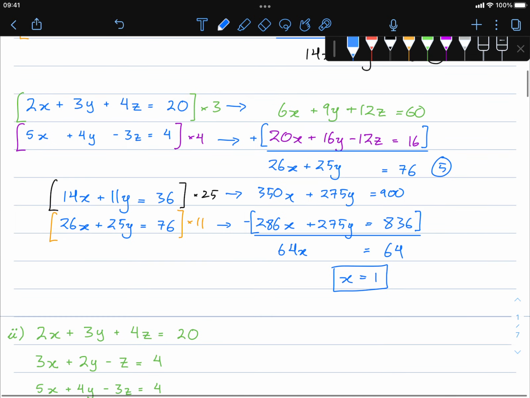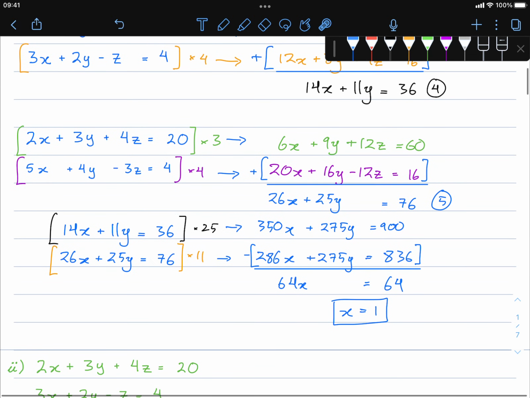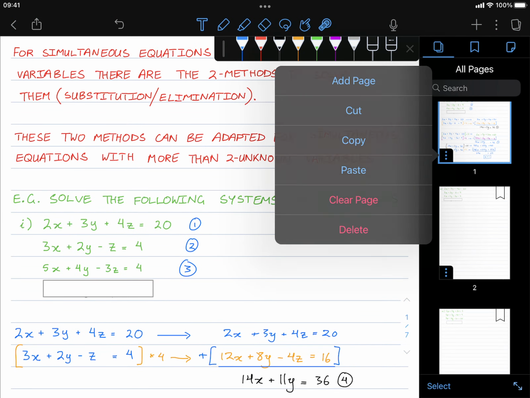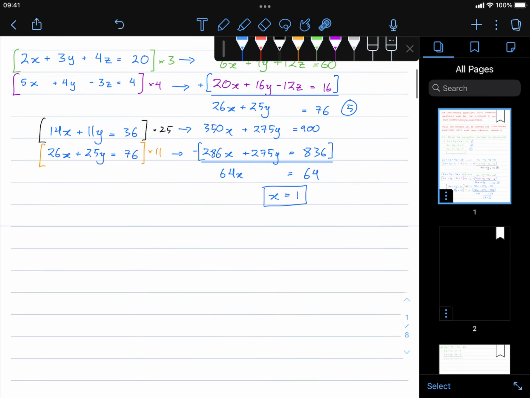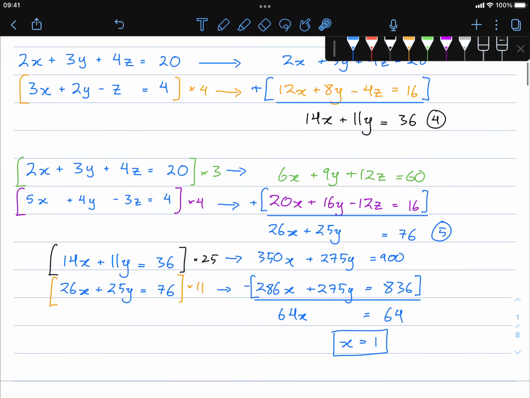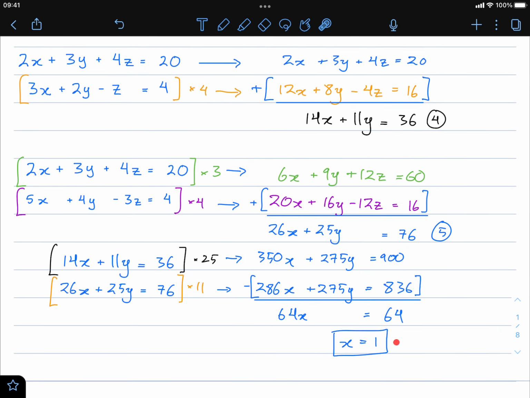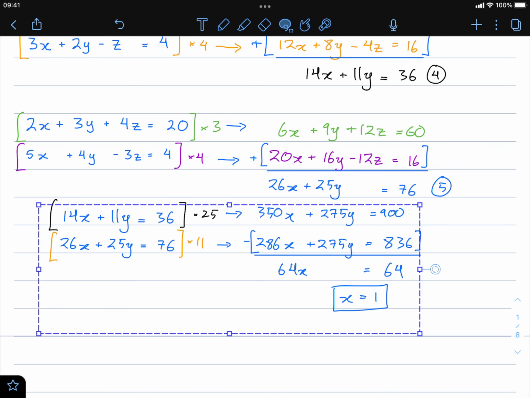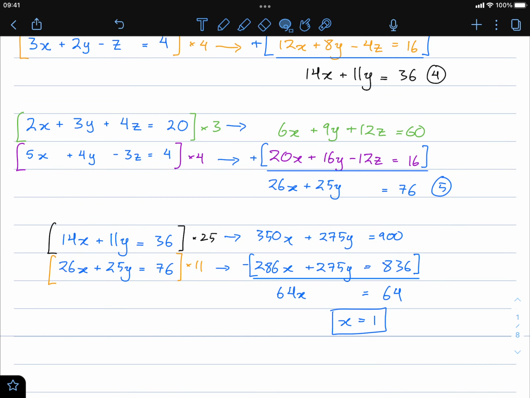Now from here, we begin to work backwards. We're now going to substitute. I need another page here actually. I thought I had enough. Let's add another page. Then from here, we're going to take this and substitute it into either 4 or 5, because these have only 2 variables. The smaller number is this one.